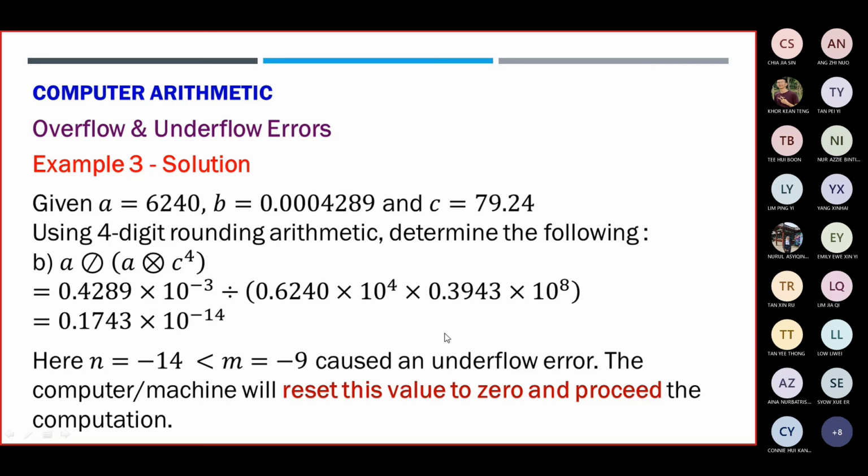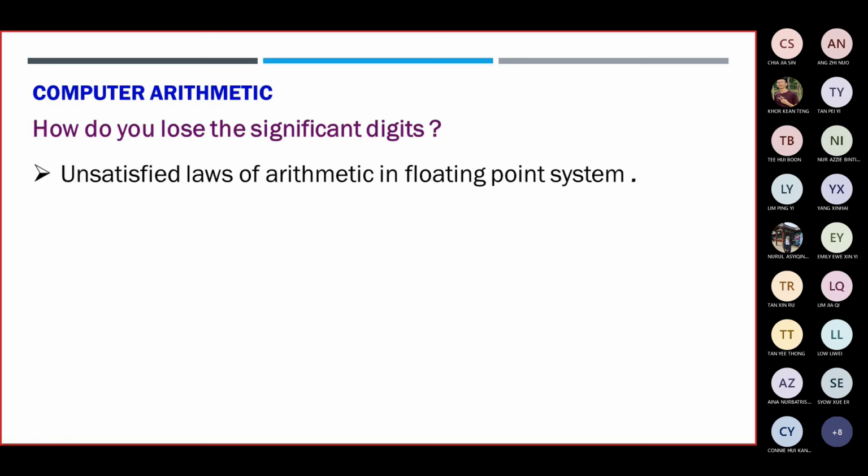Now next, how do you lose your significant digits? This is another question in arithmetic operations using a machine. As you know, the usual laws of arithmetic are not satisfied in a floating point system.